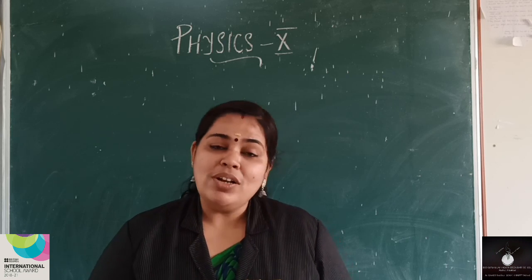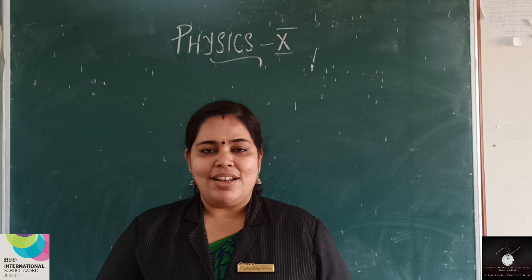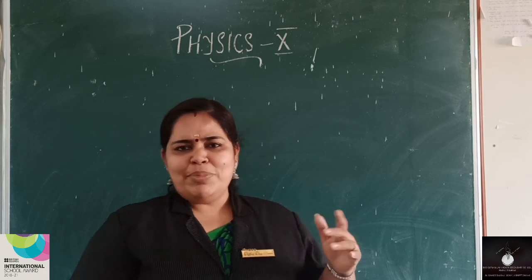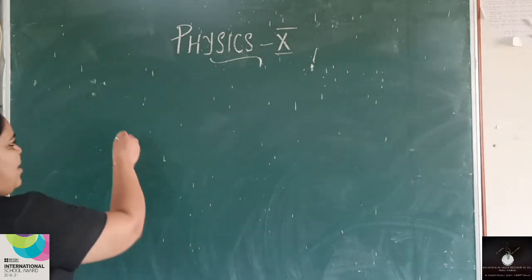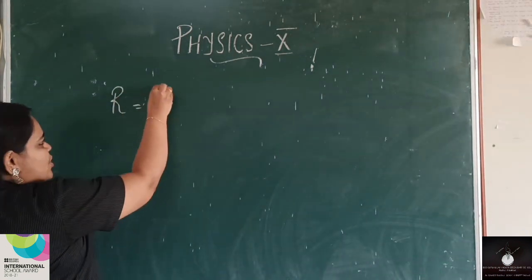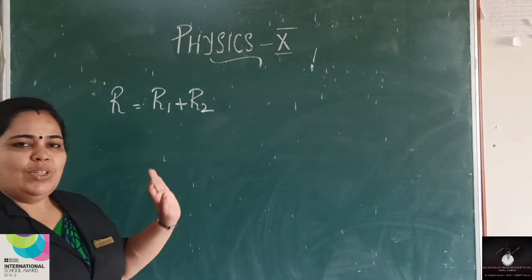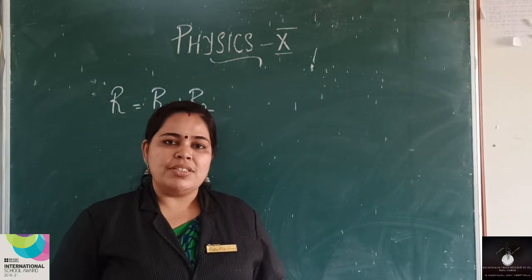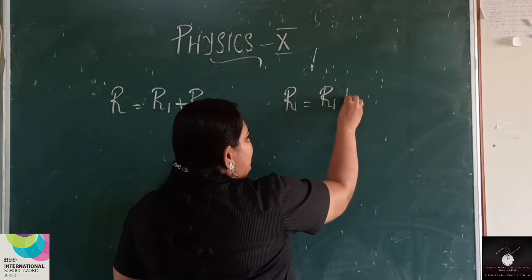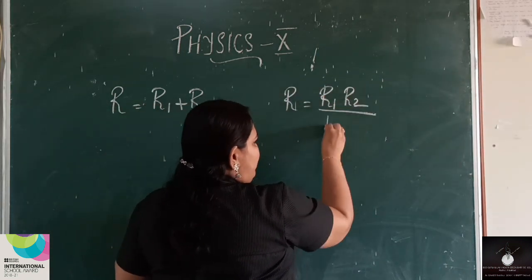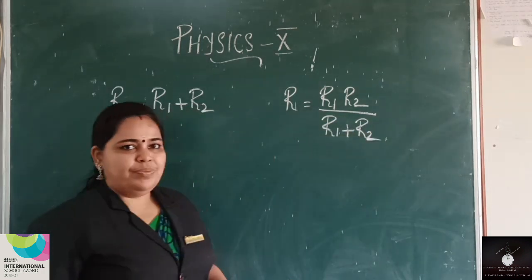Now, can you recall the formulas for finding out the resistance in series and parallel? Tell me, in series connection, how will you find out the effective resistance? R is equal to R1 plus R2. Okay, what about in parallel connection? R is equal to R1 R2 by R1 plus R2.